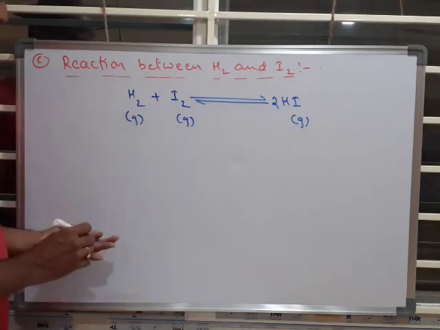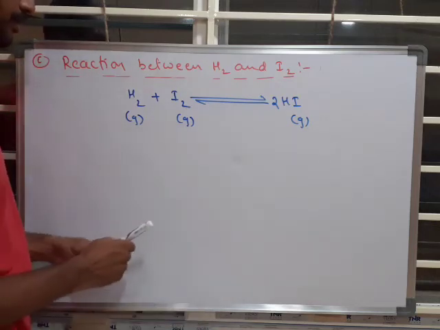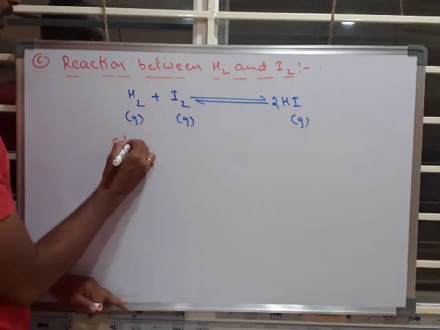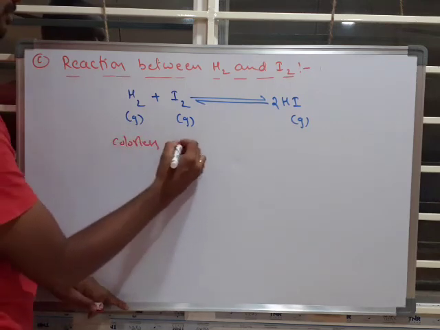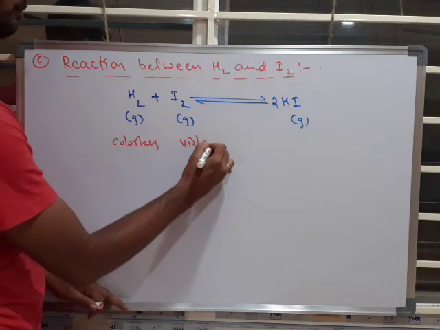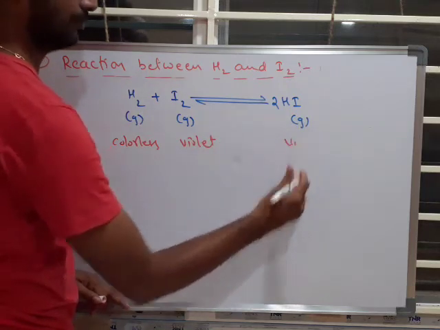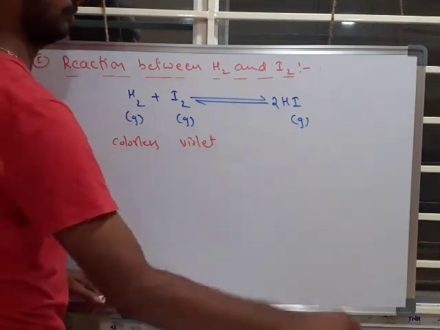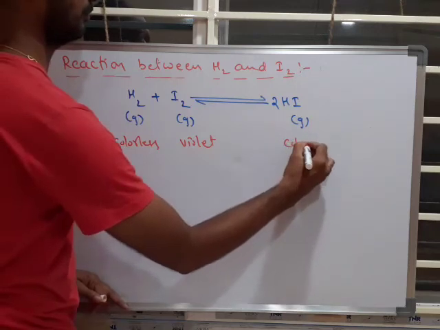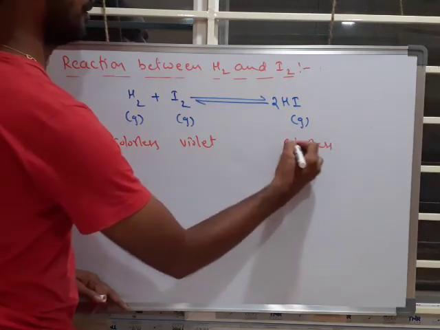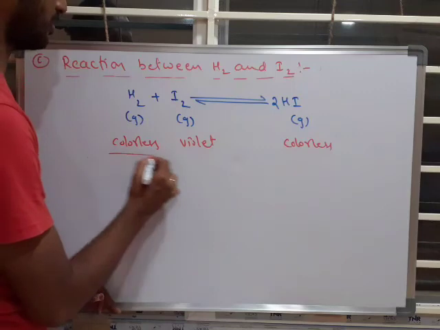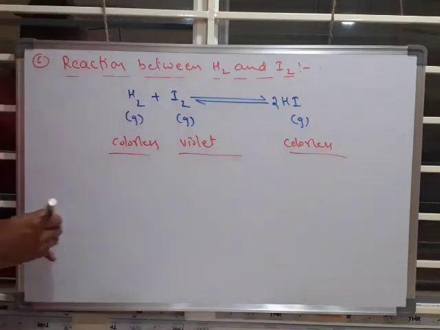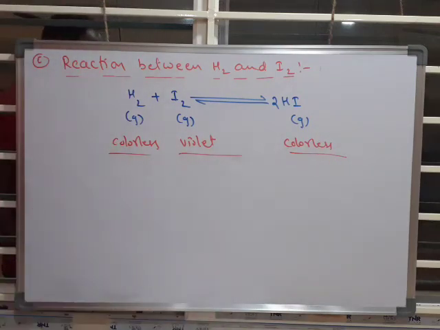So very important here, H2 is colorless. I2 is a violet color. HI is also colorless. So these are the main key points.